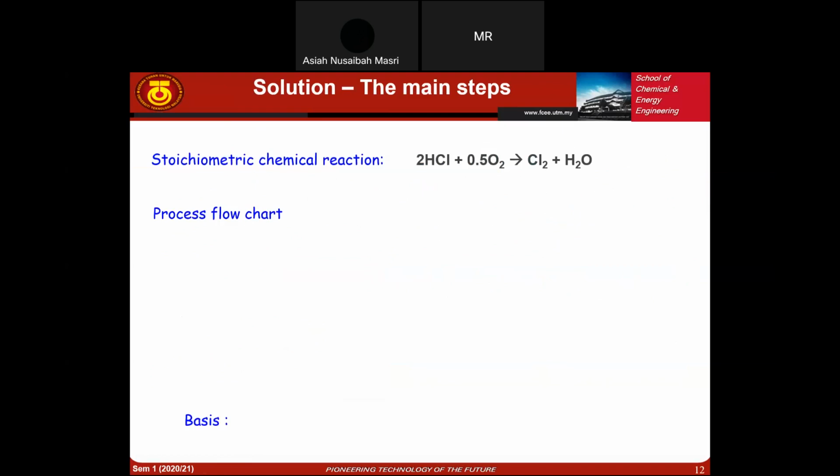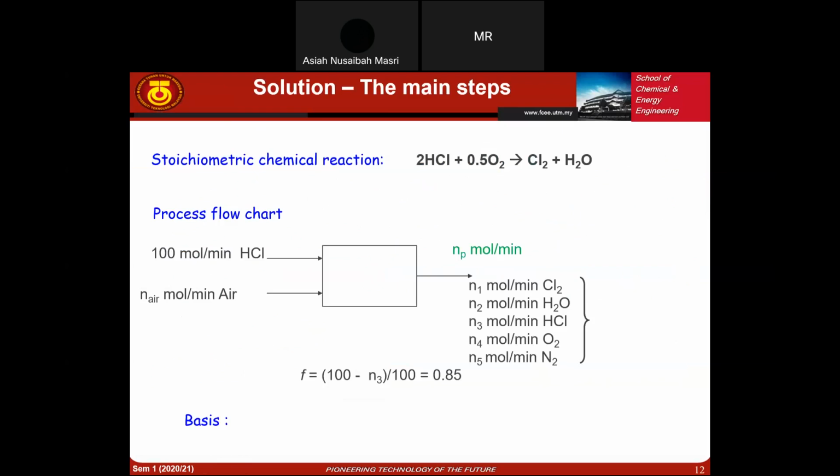Then we draw the flow chart based on the information. So here we have 100 mole per minute of HCl given by the question. And then we have another feed, which is air. So air is a mixture of oxygen and also nitrogen. So after the reaction, we have a reaction here involving HCl and oxygen. We're gonna have product, which is Cl2 and H2O.